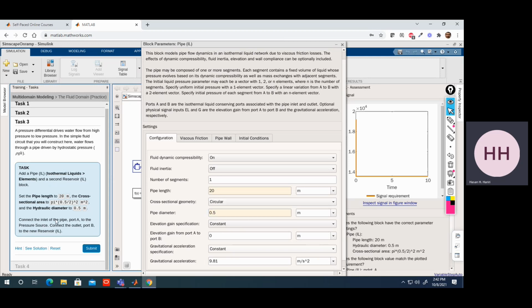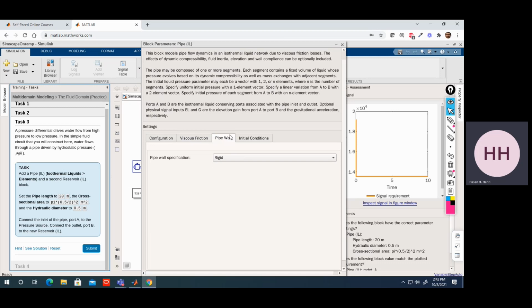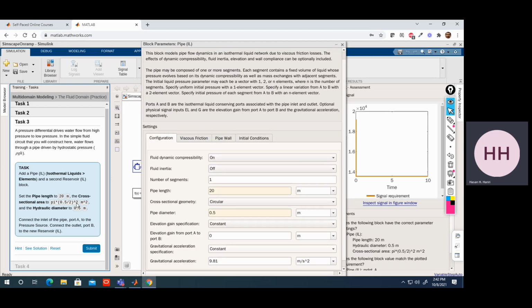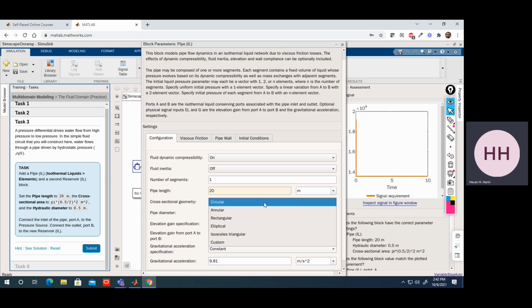Pipe diameter and the hydraulic diameter to 0.5. Some other things maybe, but this is the hydraulic diameter, probably the pipe diameter; the cross-sectional area is circular.